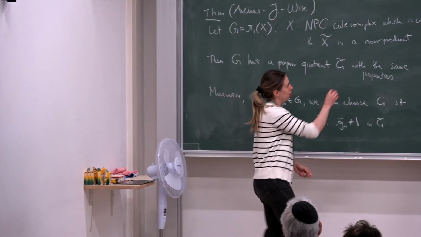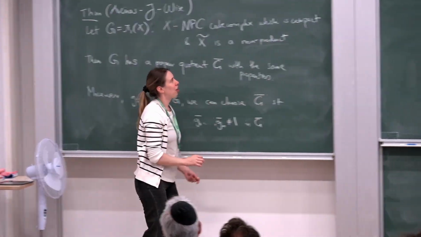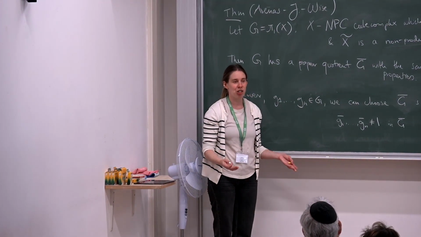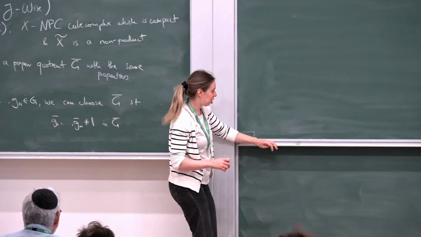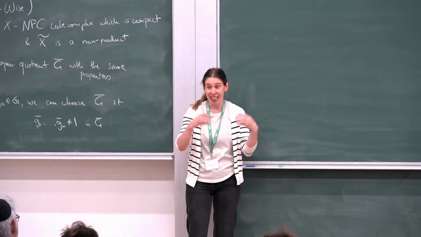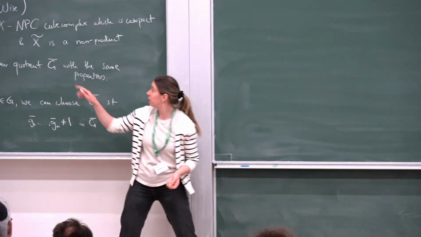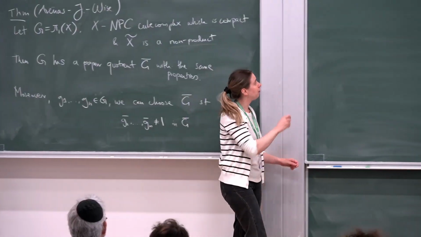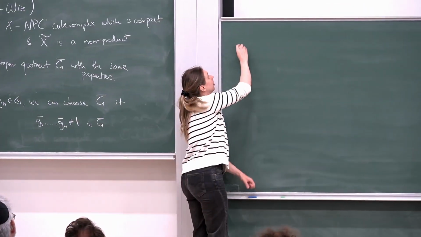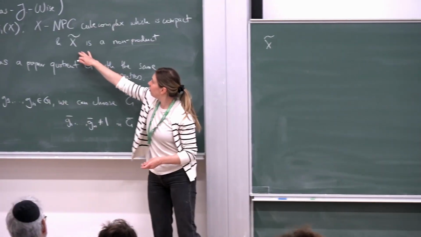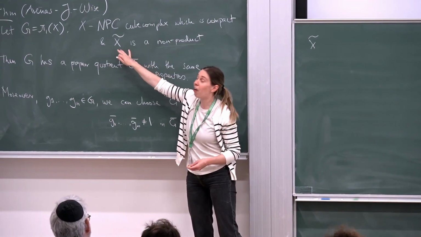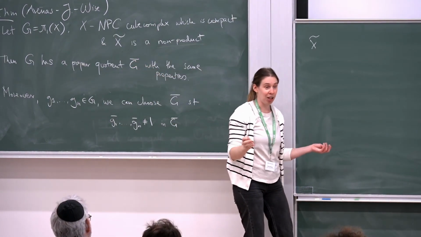And so before I move further, here the assumption is that this universal cover is not a product. I wrote it as non-product because I'm going to actually need something a little stronger than just saying that X tilde does not decompose as a product. I will mean that there is no invariant subcomplex of X tilde that decomposes as a product.